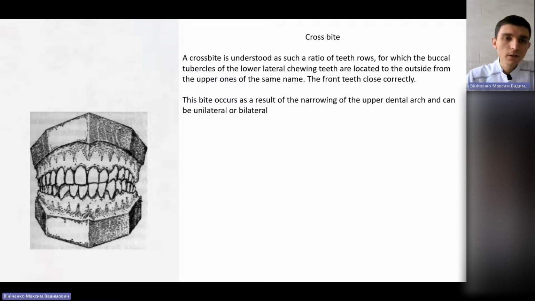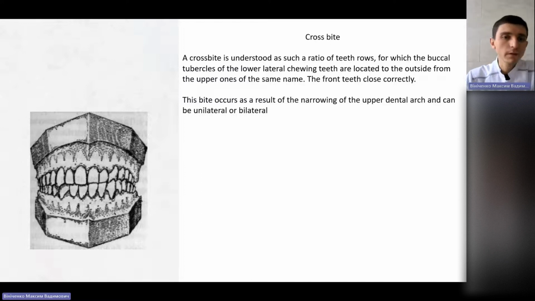The difference between the cross bite and the scissors bite. For example, this is maxilla, this is mandible, this is maxilla, and this is mandible. So these are the upper molars and the lower molars.